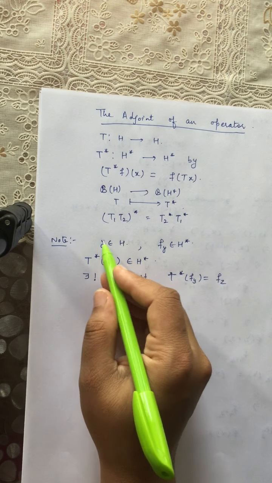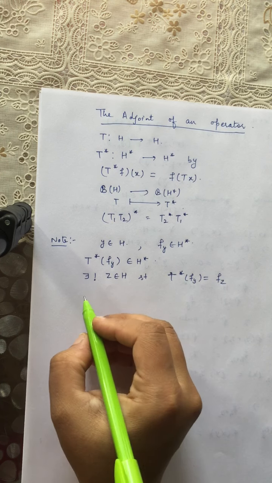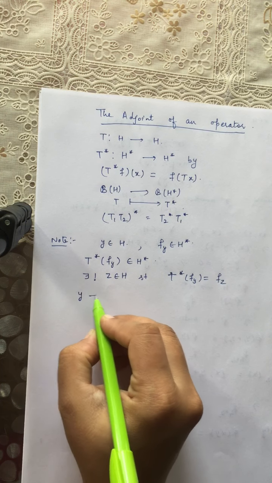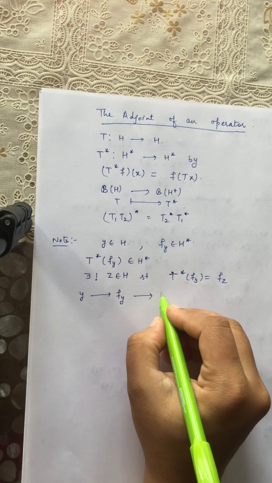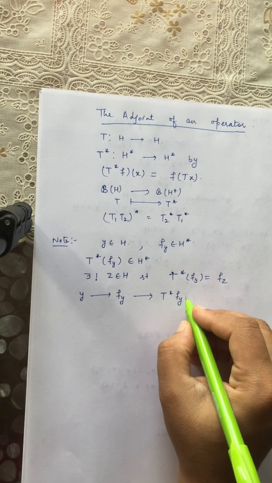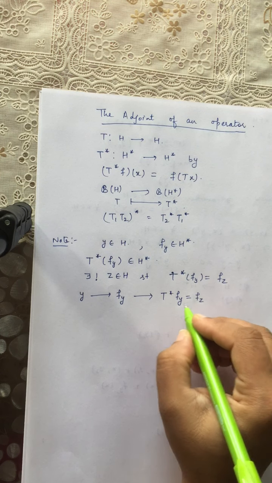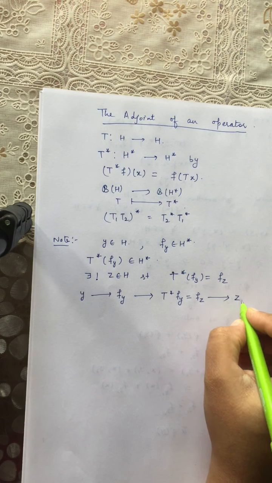So for this y in H we get a z in H. Firstly we go from y to fy, then from fy to T star fy under the mapping T star, and since T star fy is equal to fz, we go from fz to z.